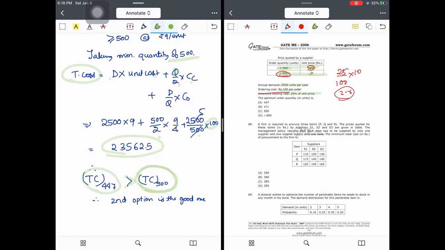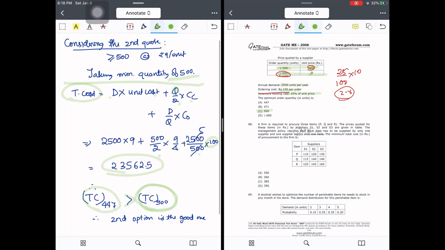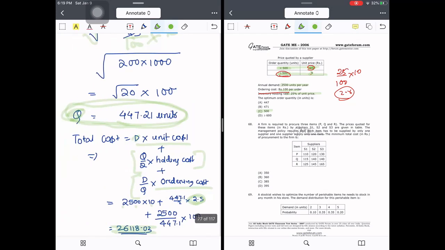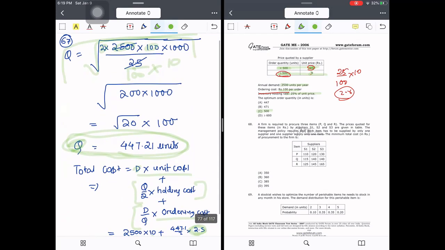What I found is that the total cost of purchasing 447 units based on EOQ is greater than the cost if I purchase 500. So the total cost for purchasing 500 is actually less at this price code. Therefore, the optimum order quantity that I should keep is 500.